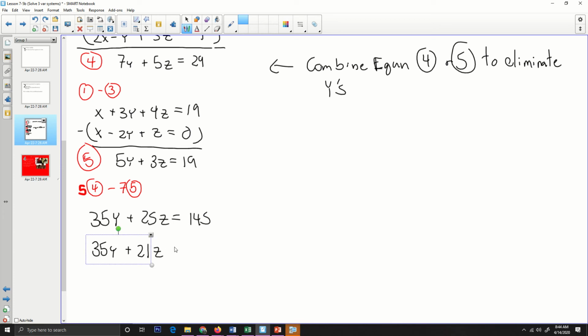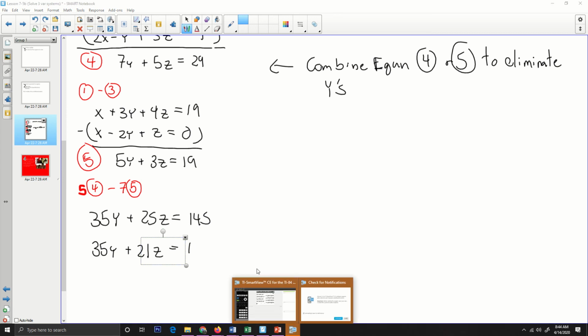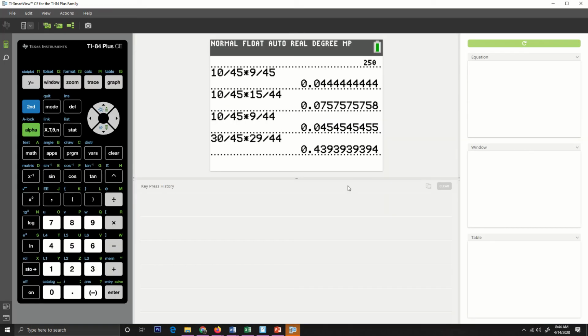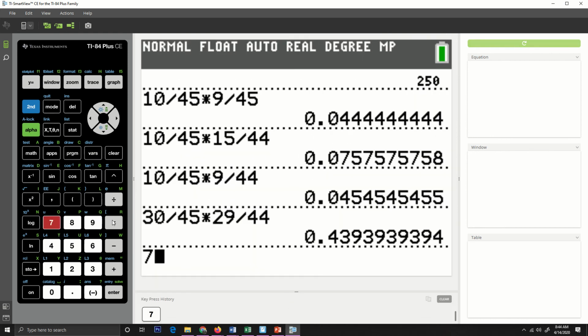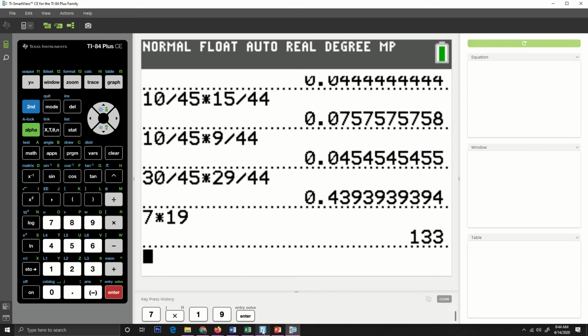And 7 times 19, let's just grab a calculator and do it. 7 times 19 is 133.